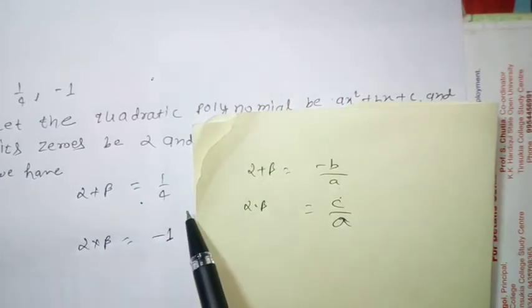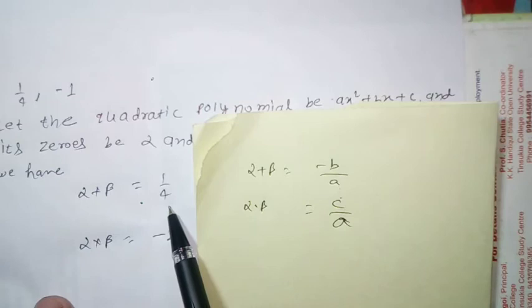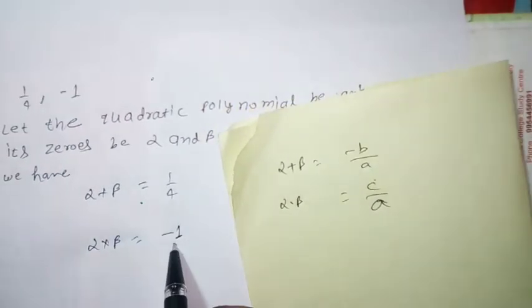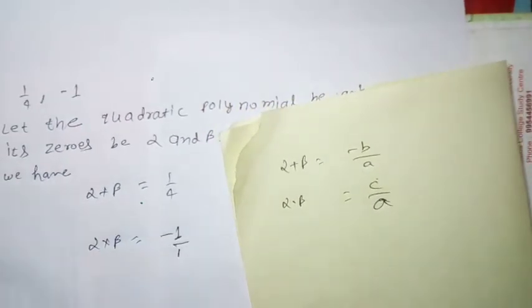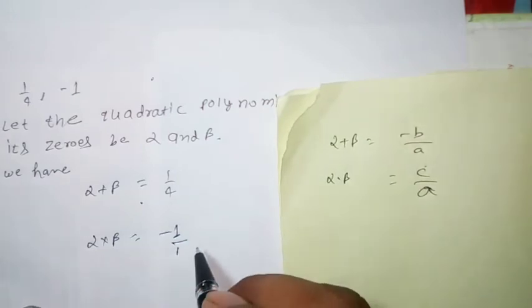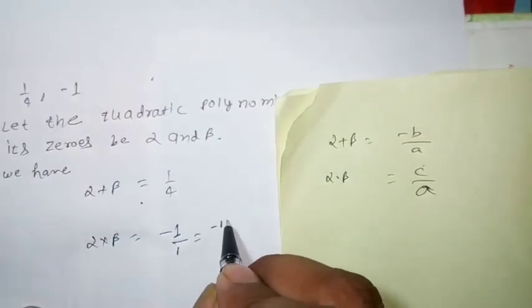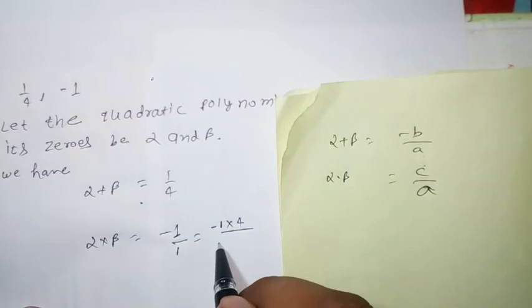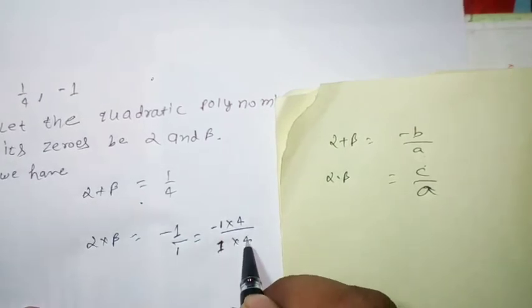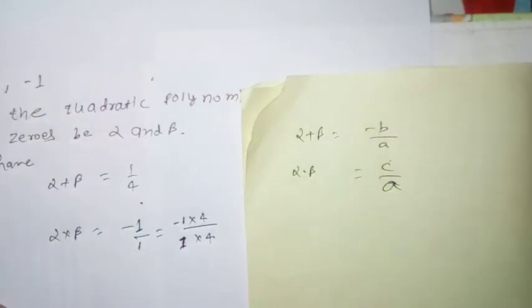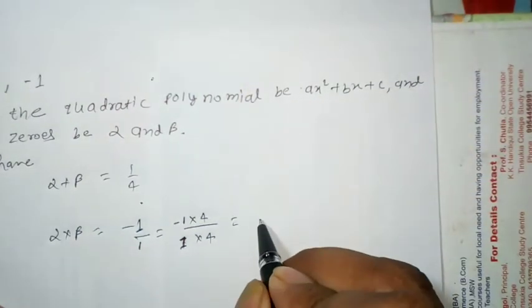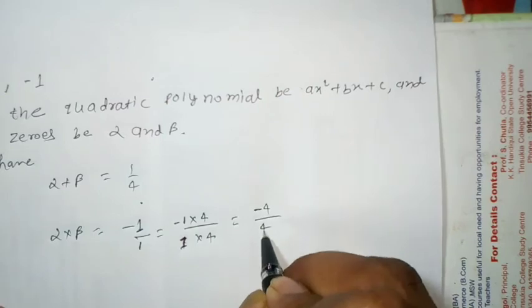In this question here 4 is in the denominator, but here 1 is in the denominator, so I multiply numerator and also denominator by 4, then I get minus 4 by 4.